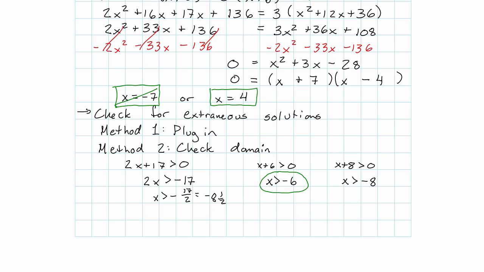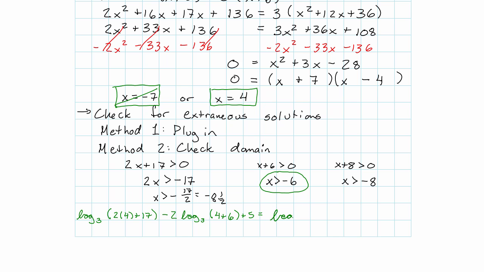And we can plug that in to check that x equals 4 truly is a solution. We'll have the log base 3 of 2 times 4 plus 17 minus 2 times the log base 3 of 4 plus 6 plus 5.